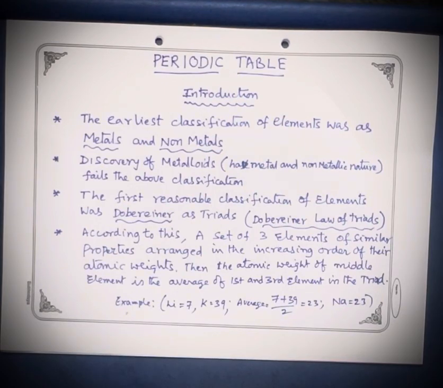But at that time itself, some elements were discovered, like silicon and germanium. They exhibit both metallic and non-metallic natures. For example, if you take silicon, it has no shining like a non-metal, but it is a good conductor of electricity.